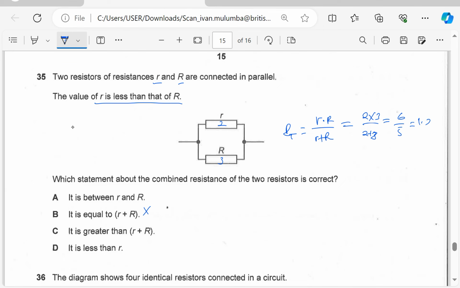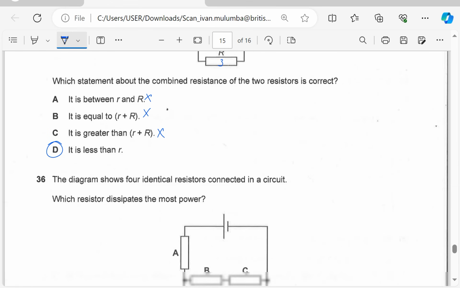I think this is 1.2, which is less than 2 and less than 3. So this statement is not correct. It can't be greater than r plus R. It can't be greater than 5. That is wrong. So the answer is D. It is going to be less than 1.2.